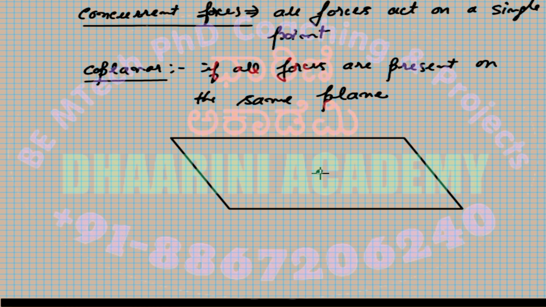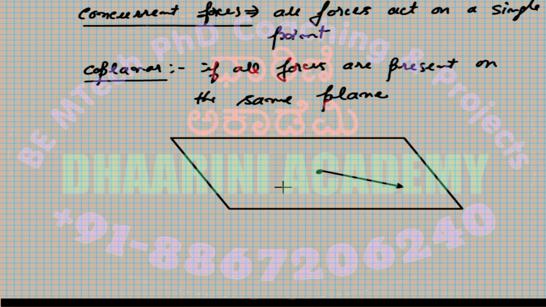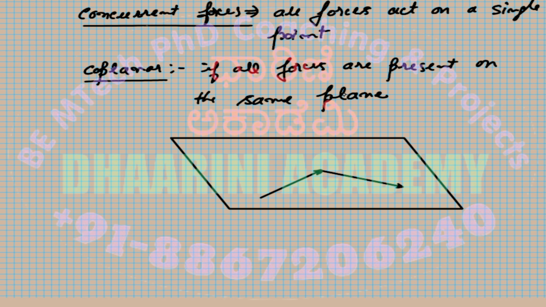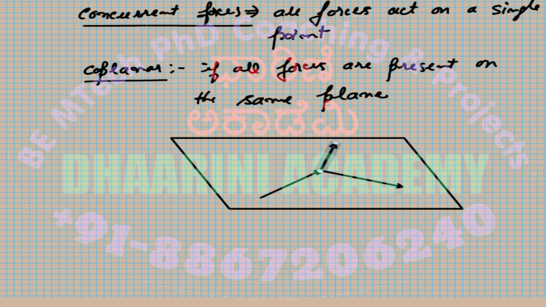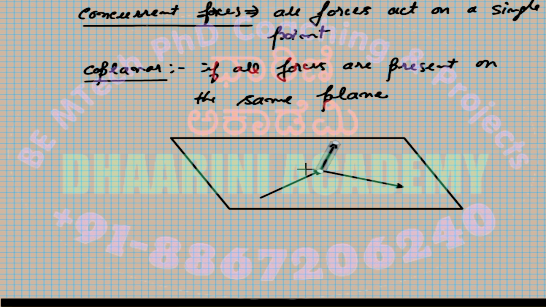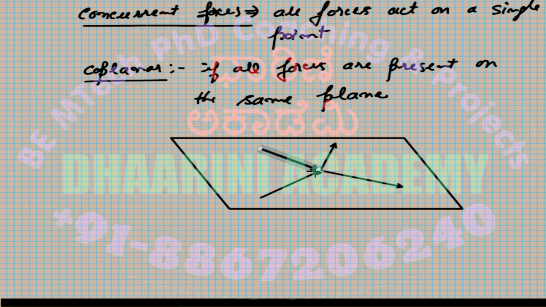every force is, right? This is force 1. Say this is force number 2. Say this is force number 3. Say this is the force number 4, and maybe I can write another force which is force number 5.